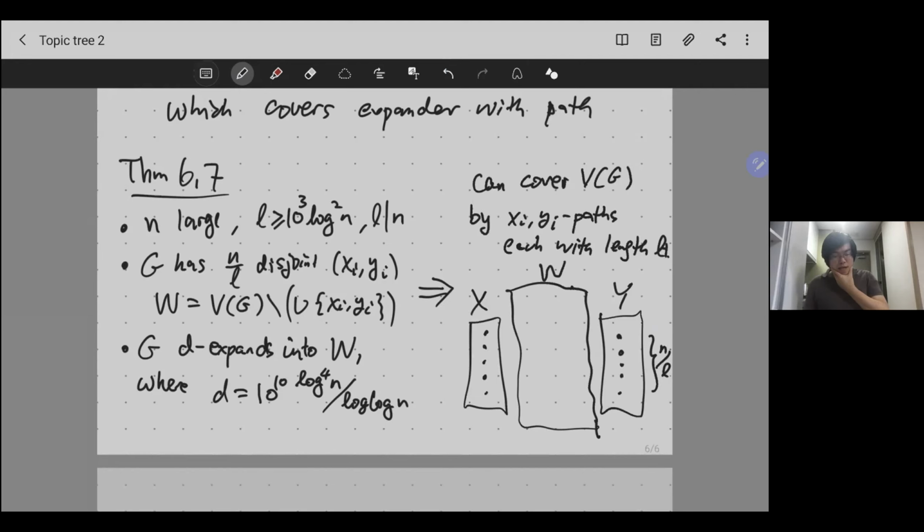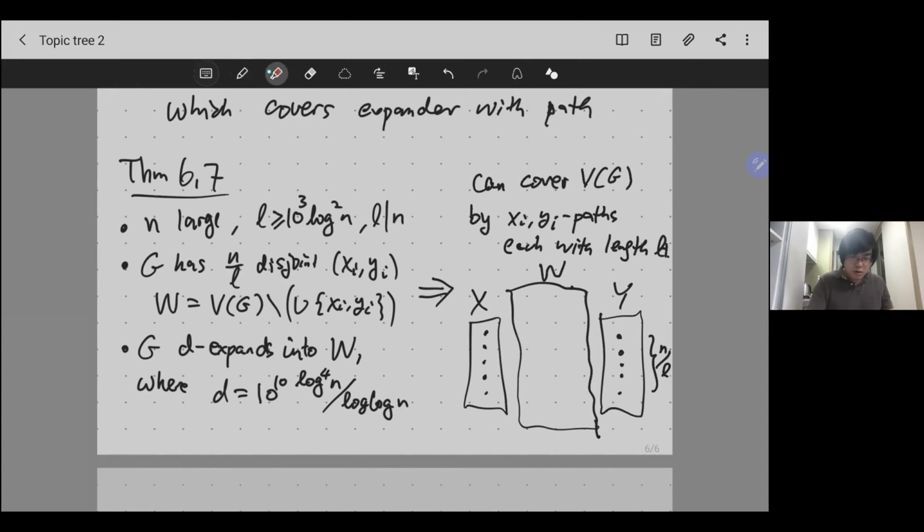The theorem says that basically, if we have specified endpoints x and y, many of them, or shall we say not so many of them, L is large, so at most n over some polylog factor. Suppose that G expands well towards the remaining part of the graph W. I will define this precisely.